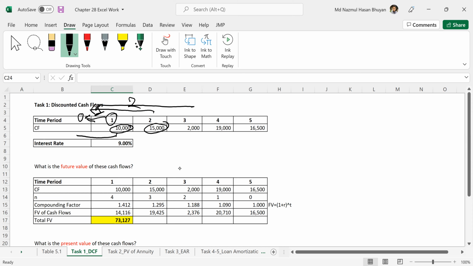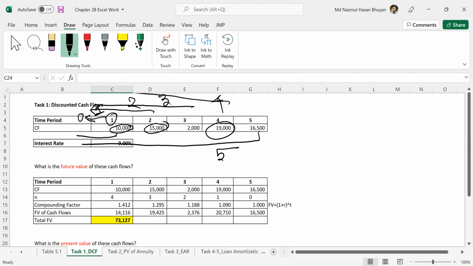Likewise, you want to discount the cash flow you're going to receive at the end of year number 3 for 3 periods. The cash flows you're going to receive at the end of year number 4 for how many periods? For 4 periods. Same way, the cash flow at the end of year number 5 for 5 periods.